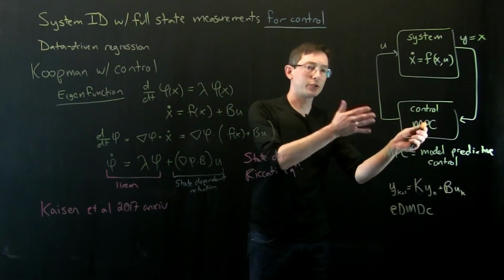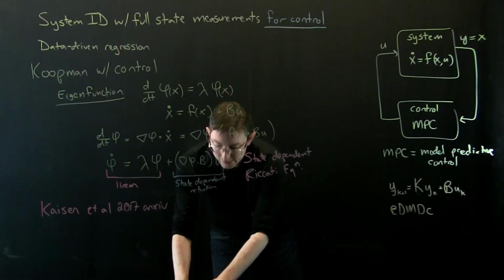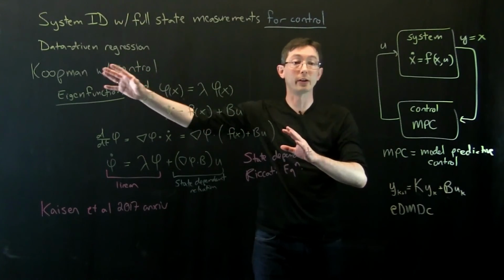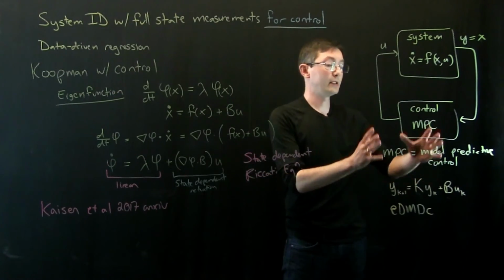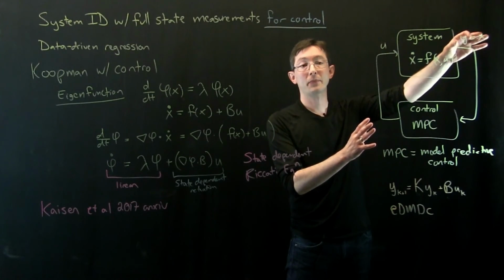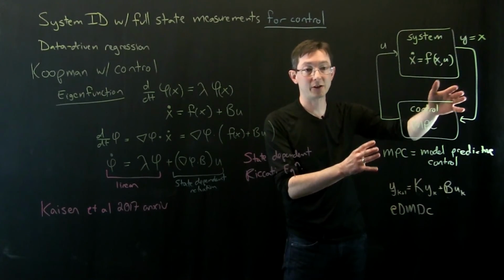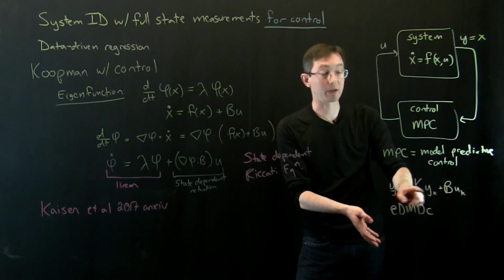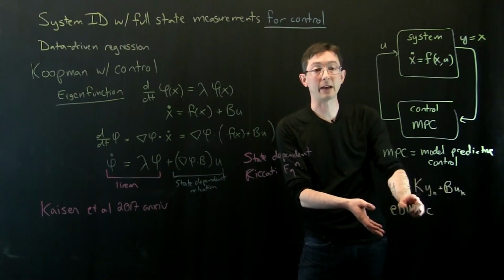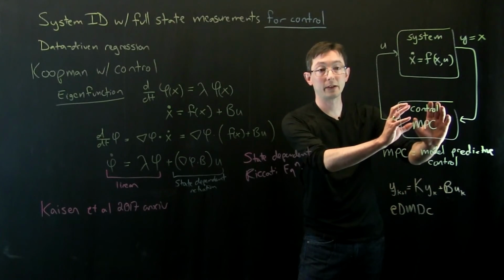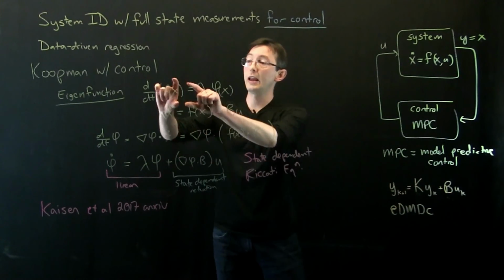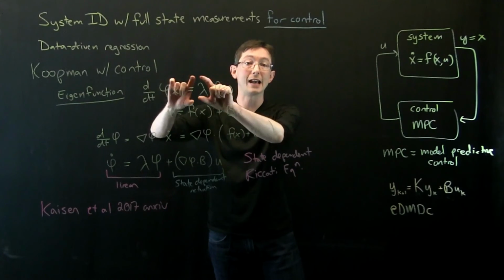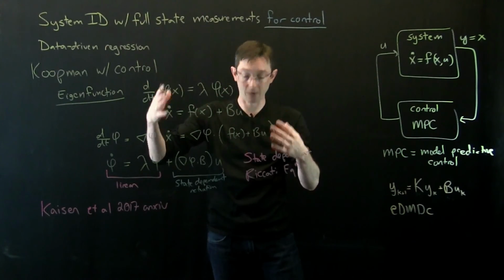Okay, so those are two broad categories of ways that you can interpret Koopman with control. One of them is to build a model on all of your augmented measurements, this big K model, and then do dynamic mode decomposition with control to identify that from data and use model predictive control. Or you can try to discover these eigenfunctions of the Koopman operator directly.